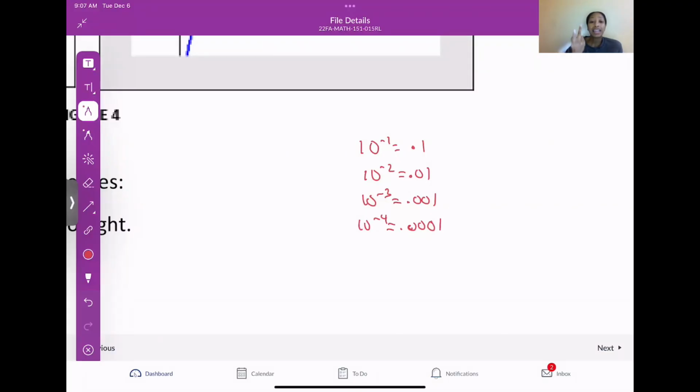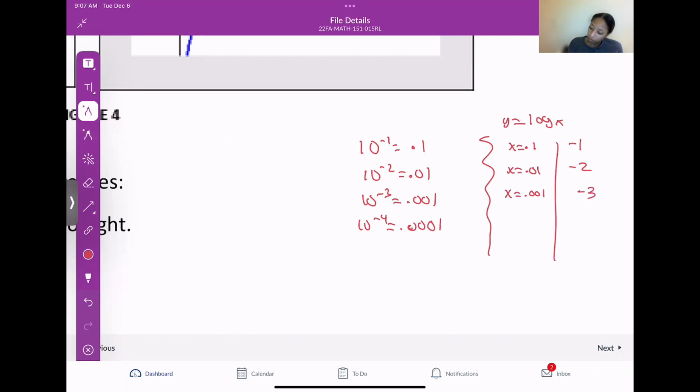When we think about the inverse of that, so for y equals log of x, when x is equal to 0.1, we get -1. When x equals 0.01, we get -2. When x equals 0.001, we get -3 for y. When x equals 0.0001, we get -4.